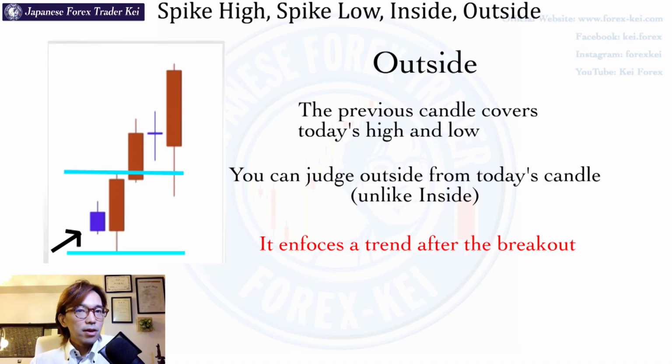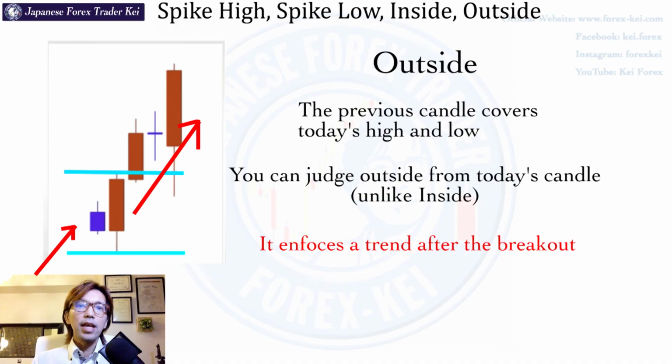And when you see a pattern like this, most likely it shows the continuous trend towards the breakout of the next day candle. So for example, when there's a continuous bull trend and when you find this outside, then it indicates the bullish trend may persist. And note that on this outside price action, you can judge it today, I mean, when there's a daily chart.